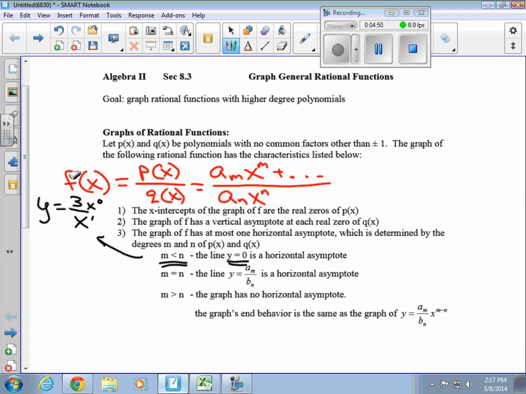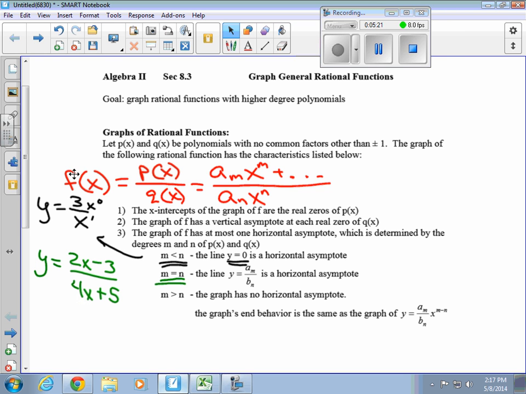Now, let's look at the second one. It says m equals n. We had a couple problems just like this at the end of the assignment yesterday, where we look at y equals something like 2x minus 3 over 4x plus 5. It says if m equals n, the line y equals a sub m over b sub n is the horizontal asymptote.